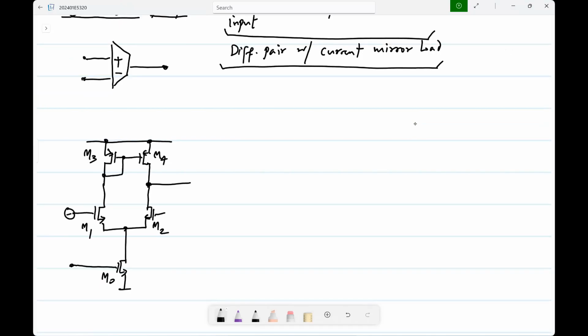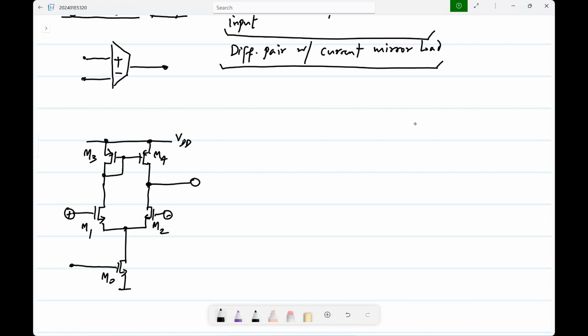This is the input and you have the output over there. I think you know this already, so I won't spend too much time on this. This incrementally is equivalent to a transconductor, a GM, in parallel with some output conductance.